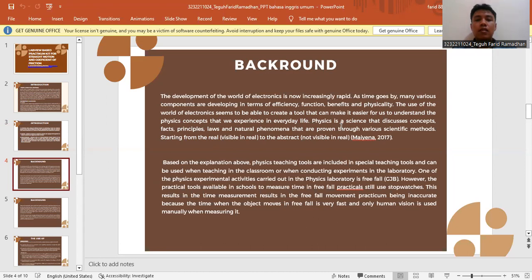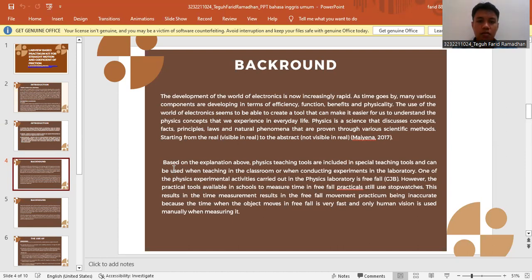Physics is a science that discusses concepts, facts, principles, laws, and natural phenomena that are proven through various experiments.